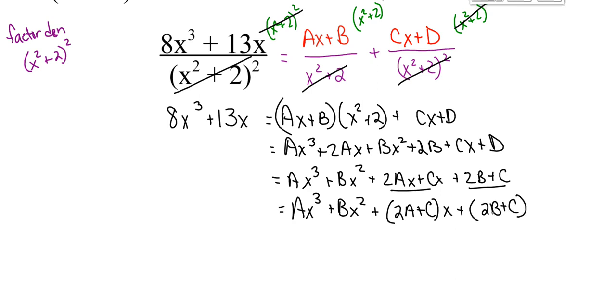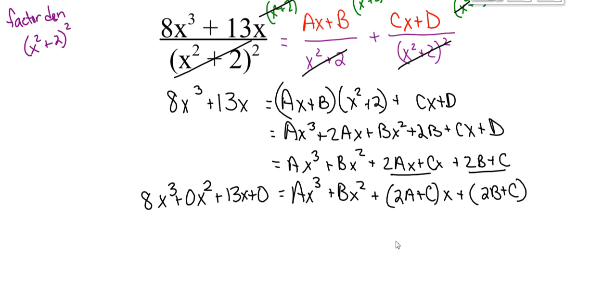Then on the left now, I'm going to write that from x to the third down to 0 using placeholders for everything. So I have 8x to the third plus 0x squared plus 13x plus 0. And so that's my left-hand side and my right-hand side.